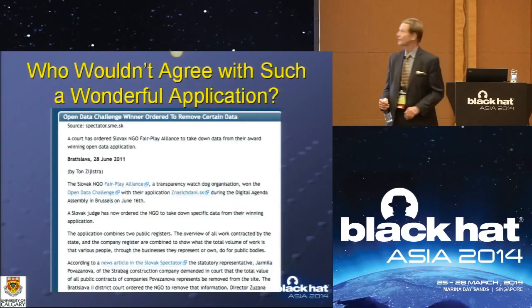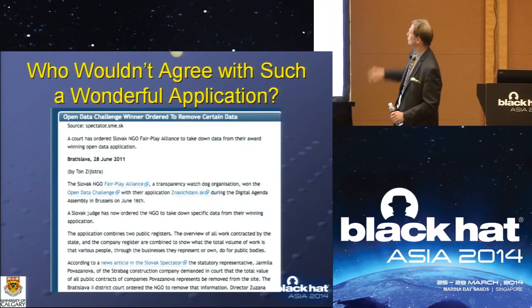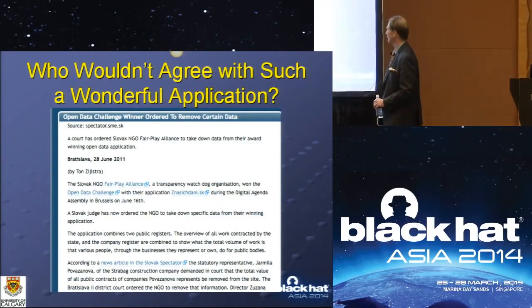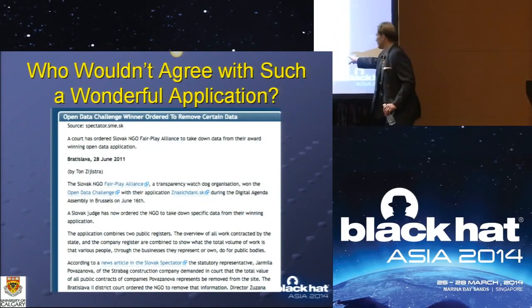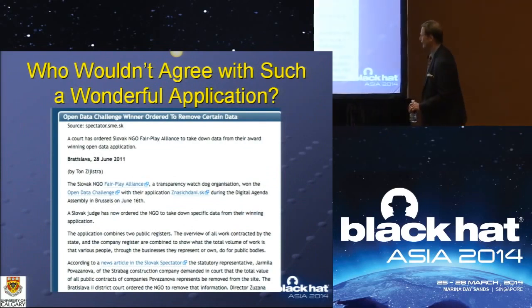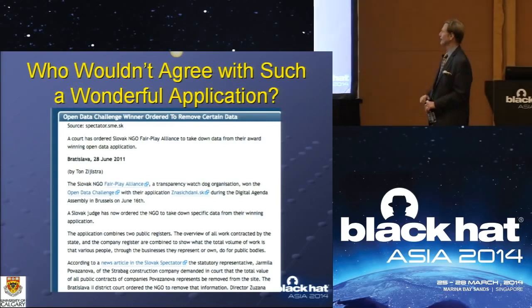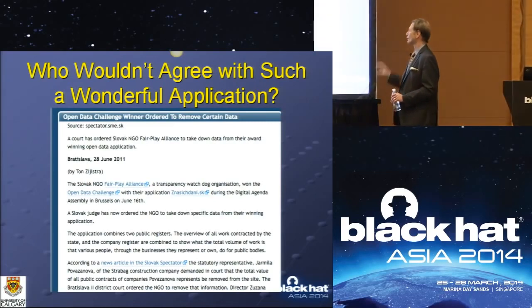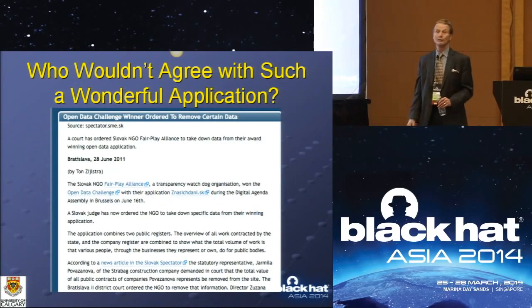They then found their backsides in court being sued by someone who said she didn't want to be in this database. Okay, Jarmila Pavazanova of the Strabag Construction Company demanded in court that the value of her contracts be removed from the site.